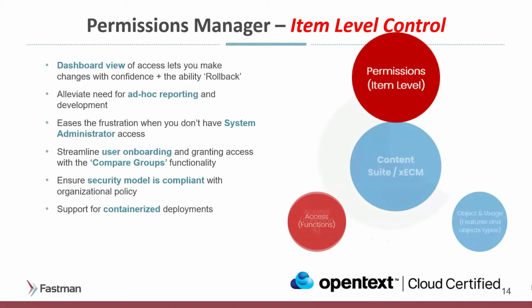So the latest version of Permissions Manager is 22.2, and 22.3 will come out early in 2023. And as I mentioned before, we do support roles and workspaces. So if you're working with roles and workspaces now rather than groups and users, or a combination of them, then Permissions Manager will work across both.